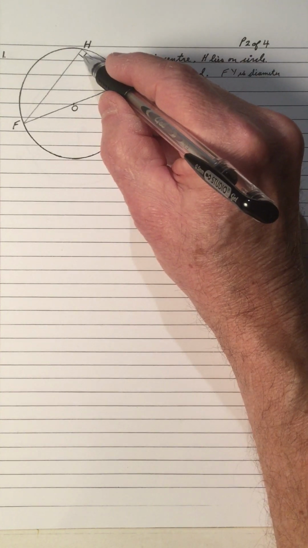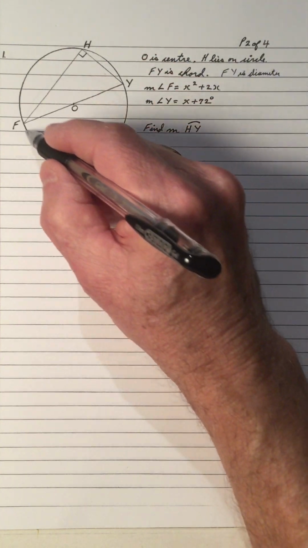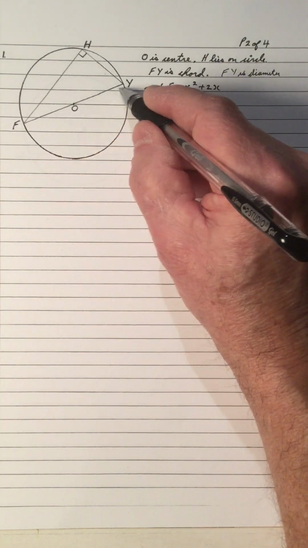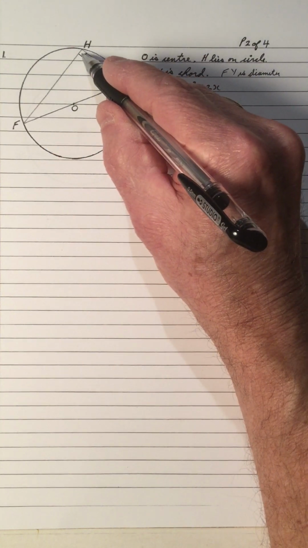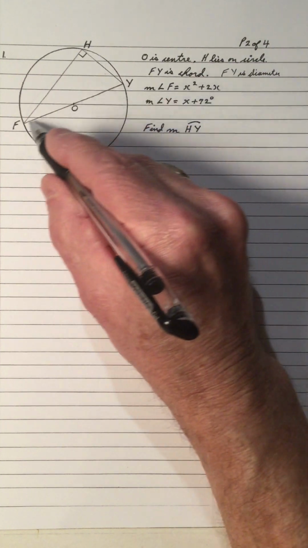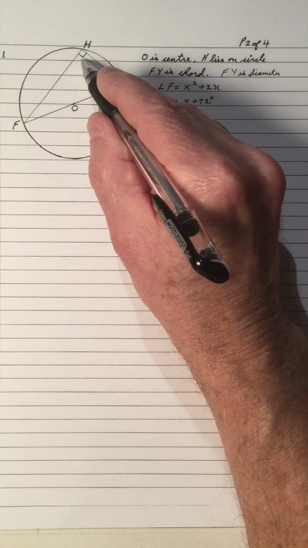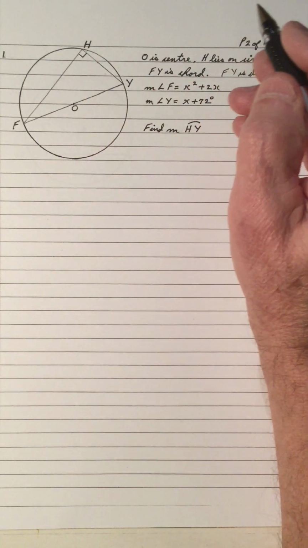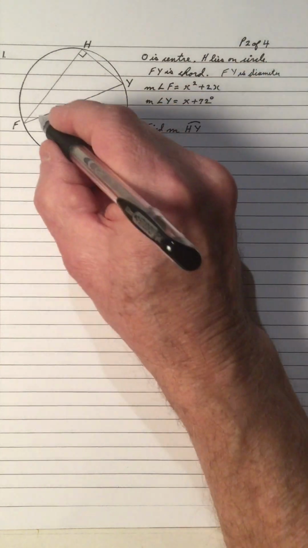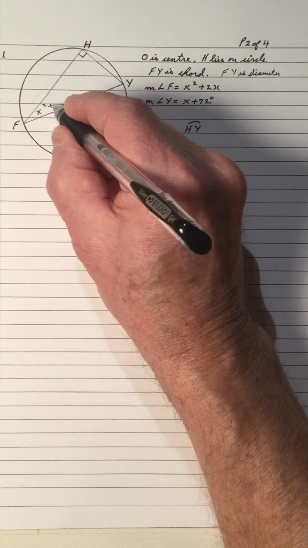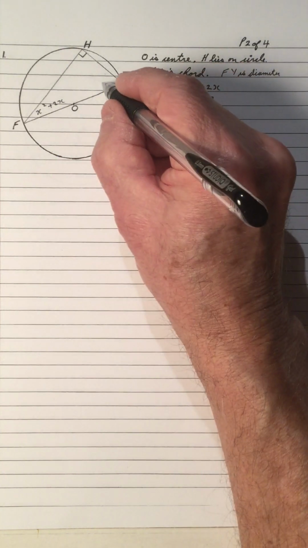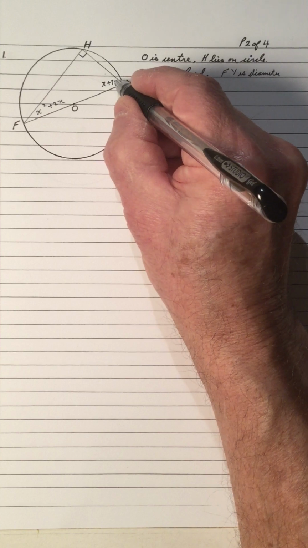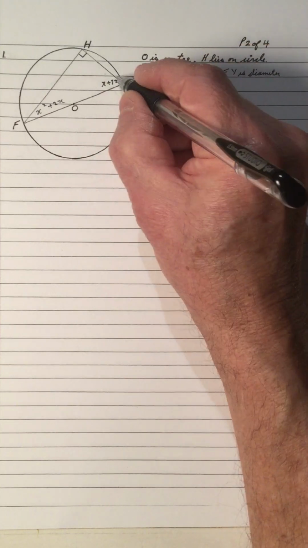So this inscribed angle is half the arc that it subtends, or this inscribed angle is half the central angle, which is 180 degrees. Anyway, we have a 90 degree angle here. Now we have angle F is x squared plus 2x, and angle Y is x plus 72.